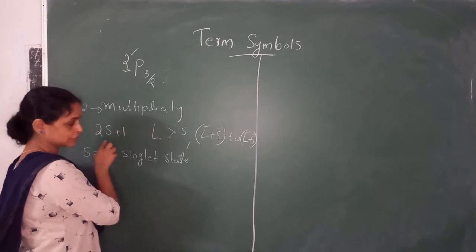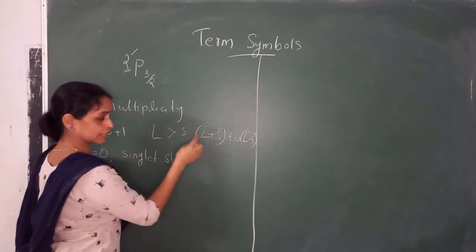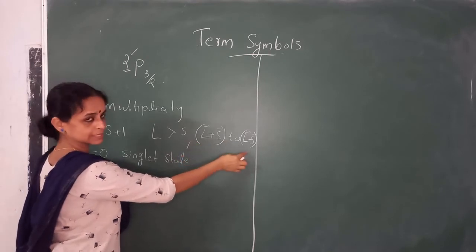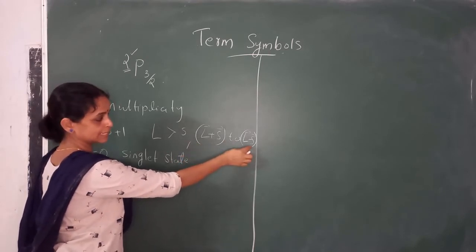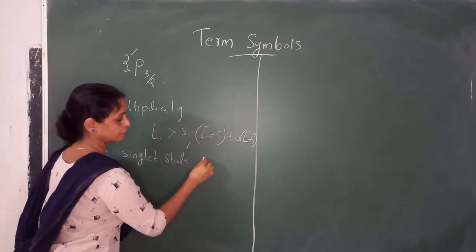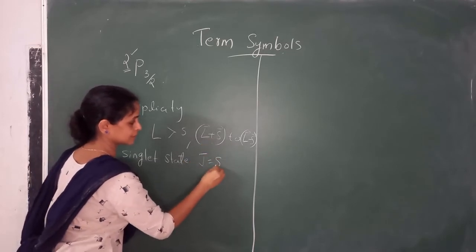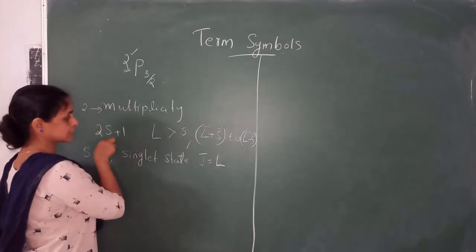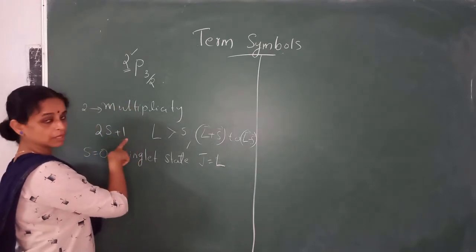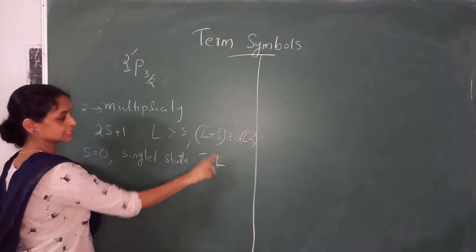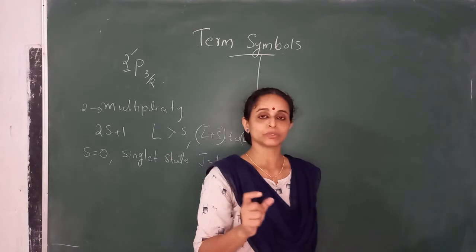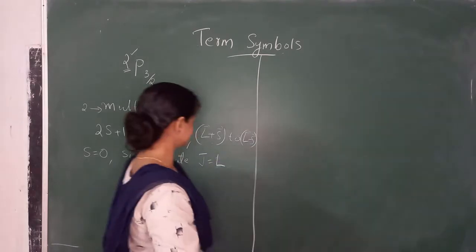The possible value for j will be whatever the value for L. When S is equal to 0, you will have j is equal to L. Whatever the value for L, you will have that value for j.